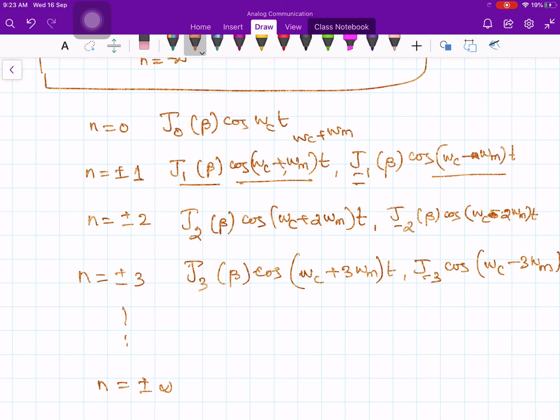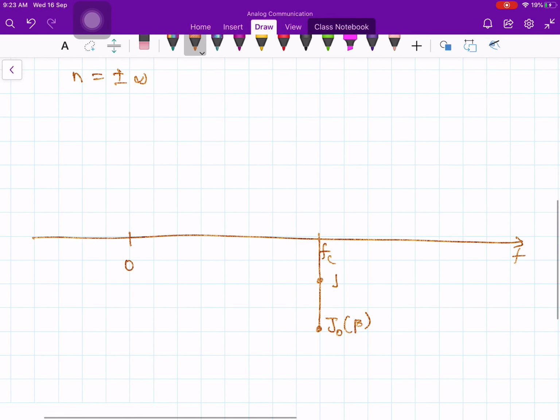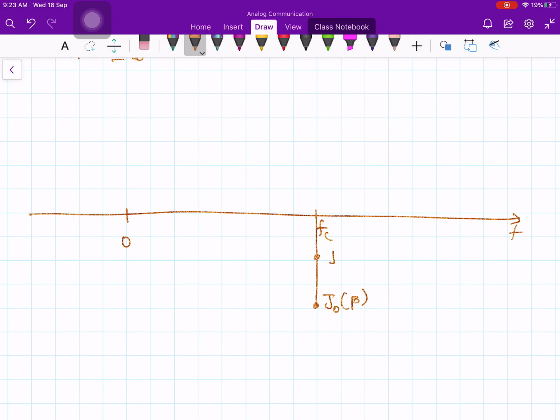Let me now use f_c on the frequency axis instead of ω_c. This is f_c + f_m, and let us say the coefficient is J_1(β), and this point is f_c − f_m.